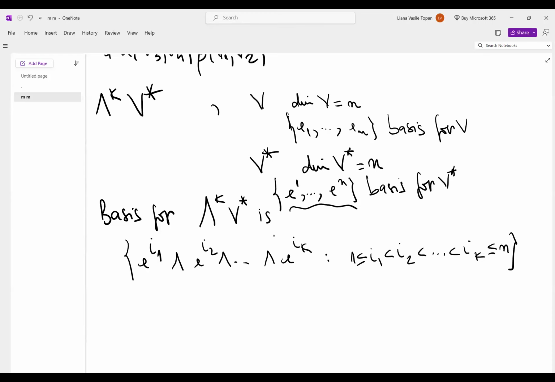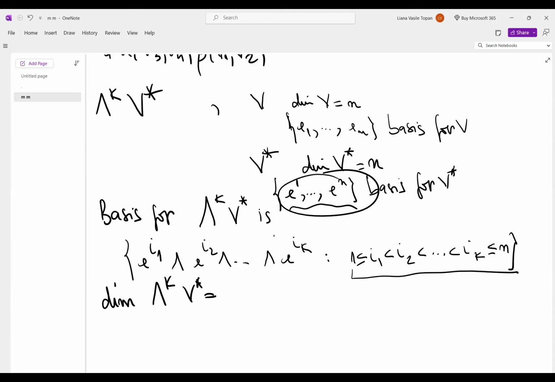Because we have a basis here, we can find the dimension of this space. What is the dimension of this space? The number of the vectors from the basis. So the dimension of the kth exterior power of V star: how many vectors do we have in total? n vectors. How many do we need? We need k, right?